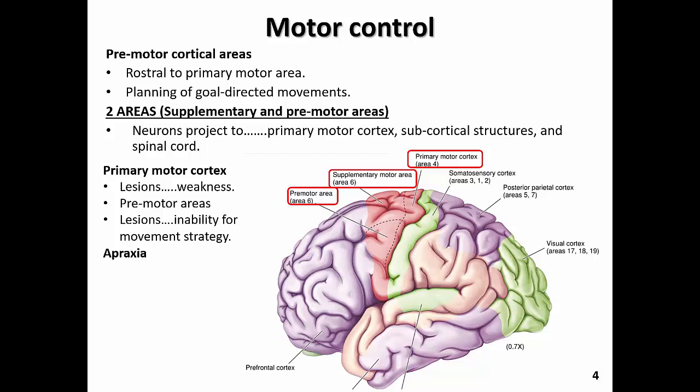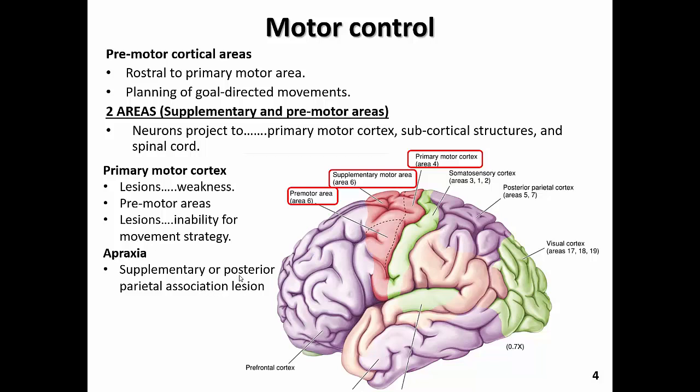One such condition that is involved in the inability to produce complex movements is apraxia. And apraxias will manifest as lesions in the supplementary or in the posterior parietal association area.